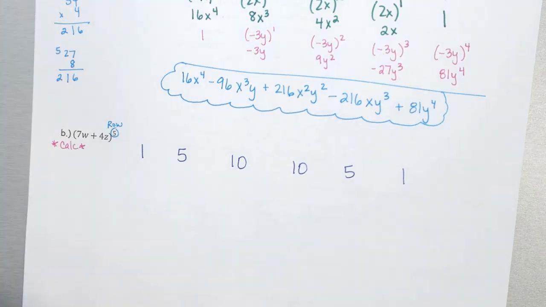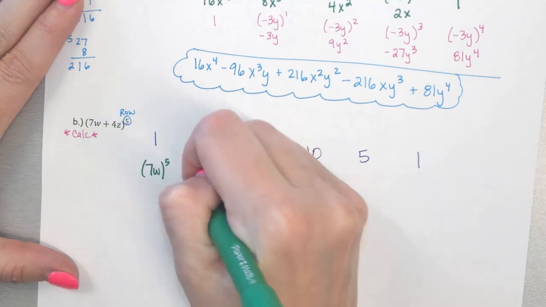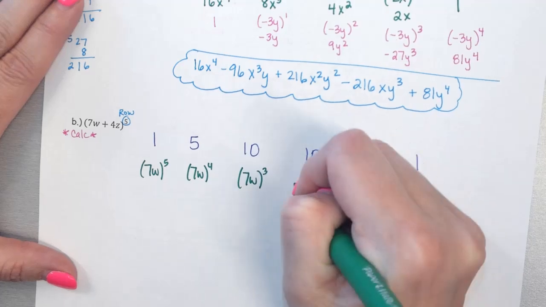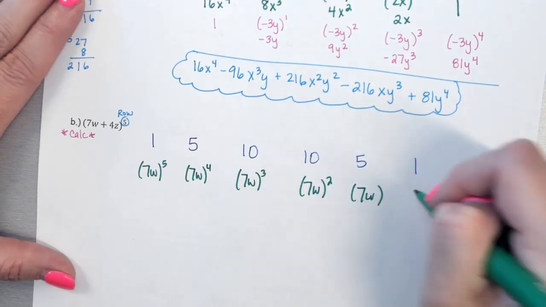And then your first one is 7w to the 5th, 7w to the 4th, 7w cubed, 7w squared, 7w, 1.